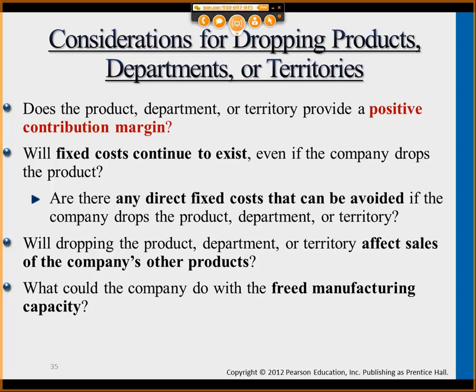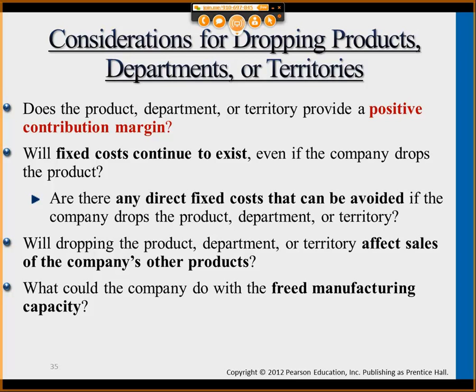Not just a product can be dropped. It's also a department that might be eliminated, and it can also be a territory that might be disregarded. So managers often decide whether they're going to drop a product, department, or territory.